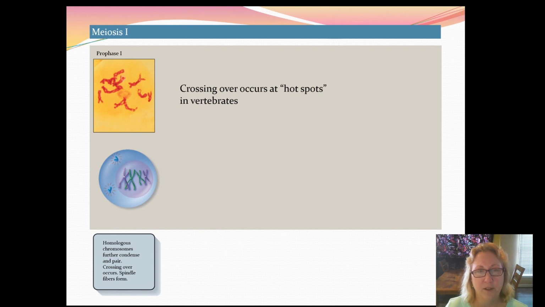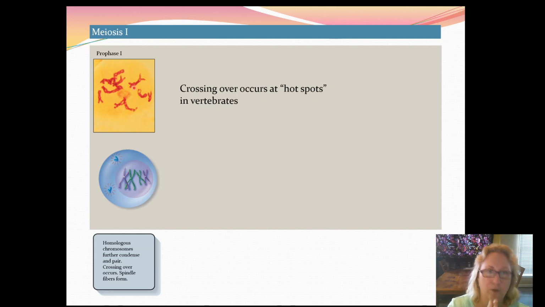Each chromosome has 2 identical sister chromatids. So what you're actually seeing here in each one of these little crossing over chromosomes, there's actually 4 chromatids there. Each chromosome has 2 chromatids, and there's 2 homologous chromosomes synapsing together.